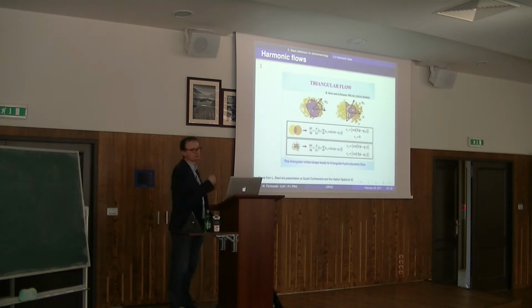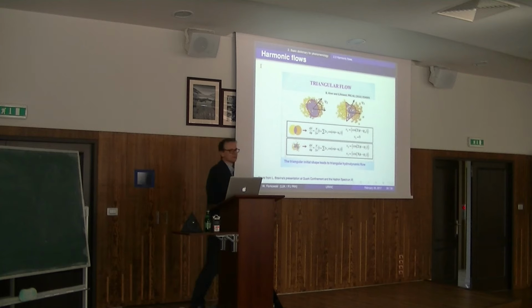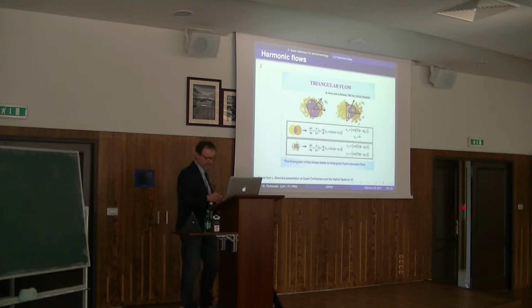This opens a new activity in the field, because then you also have to have models which take care of fluctuating initial conditions, and then you run hydro event by event for each randomly generated distribution of nucleons.